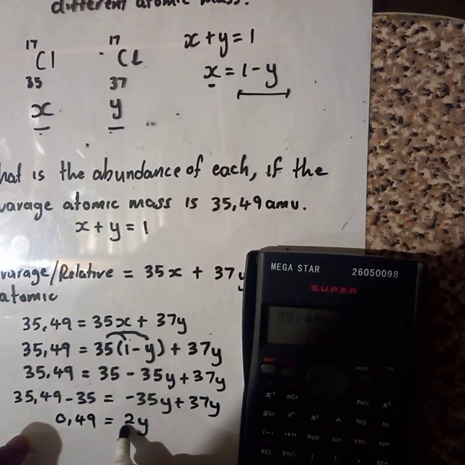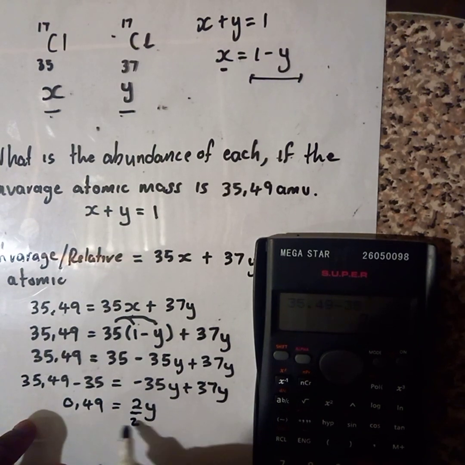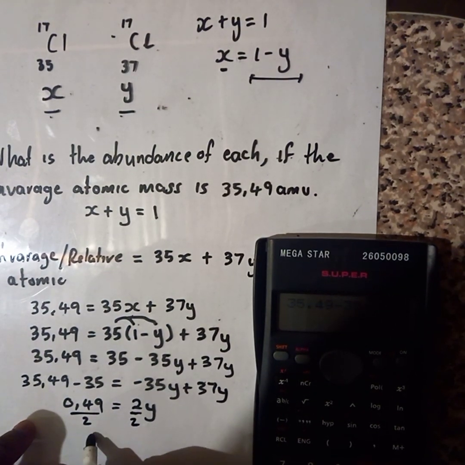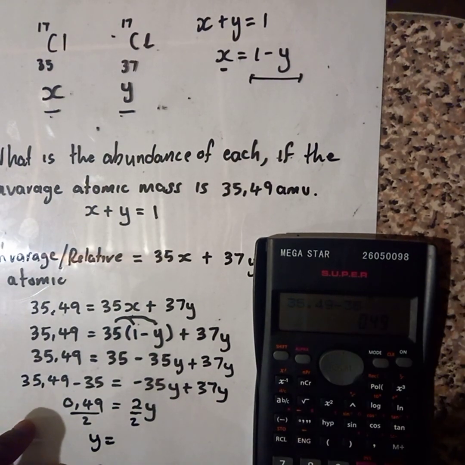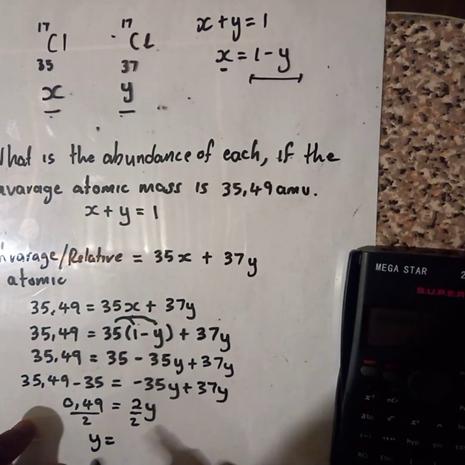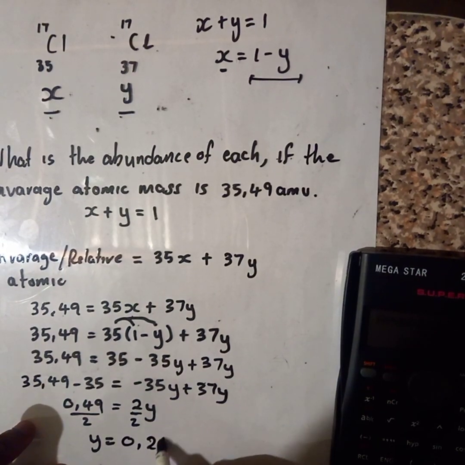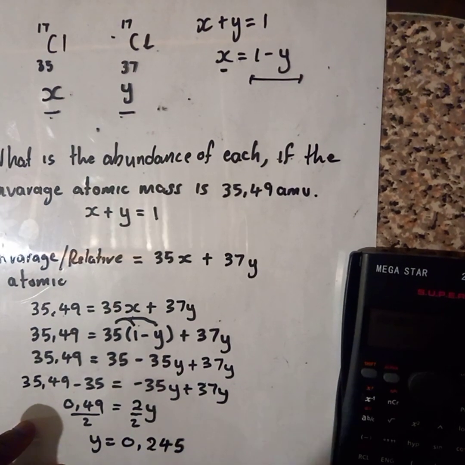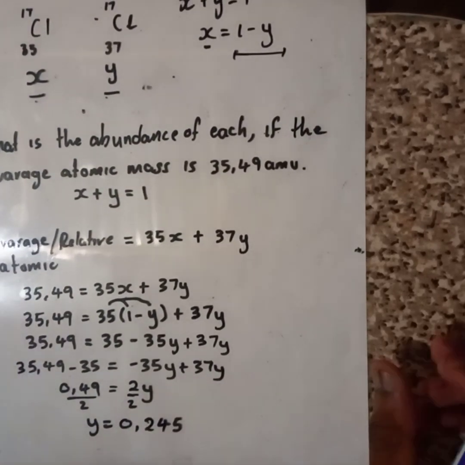If I divide throughout by 2, then our y is going to be 0.245. This is our y.